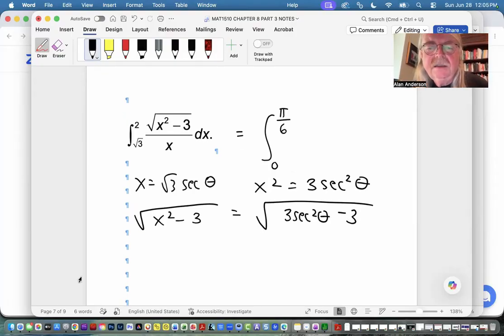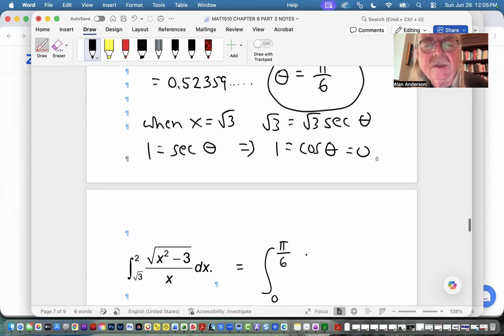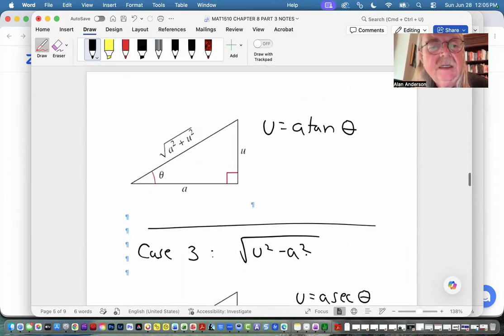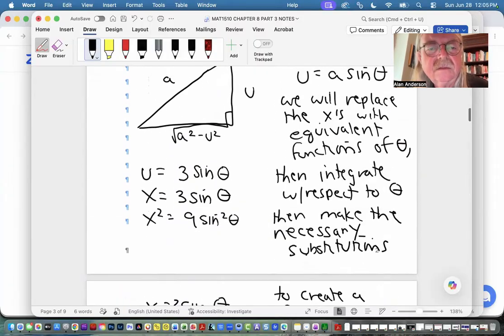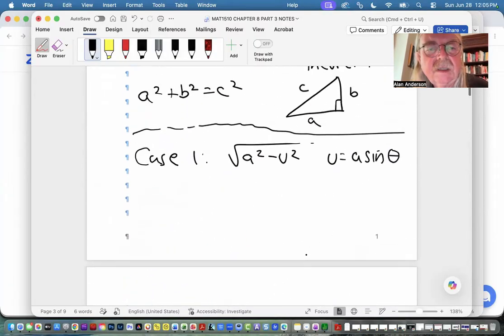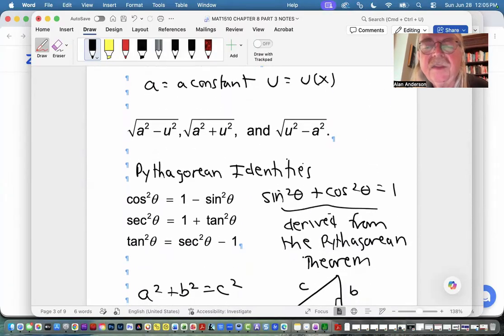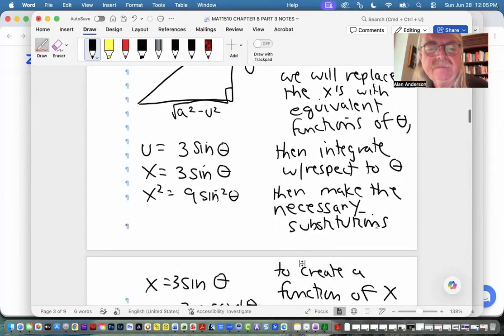And what does that give us? And if you look at the Pythagorean identities, secant squared theta minus 1 is, there it is, tangent squared theta. So let's do that.